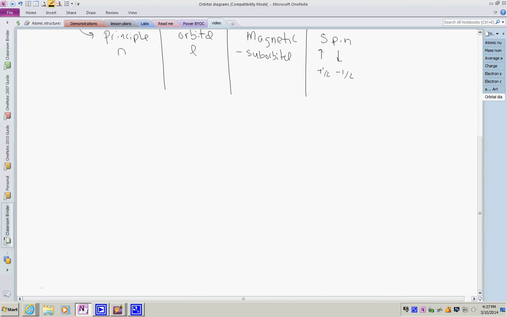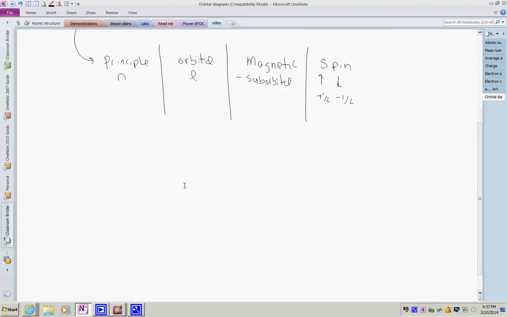So for the magnetic, we have the orbital quantum number, which is l, and we have the suborbital. This is the number of orbitals, and this is the spin.